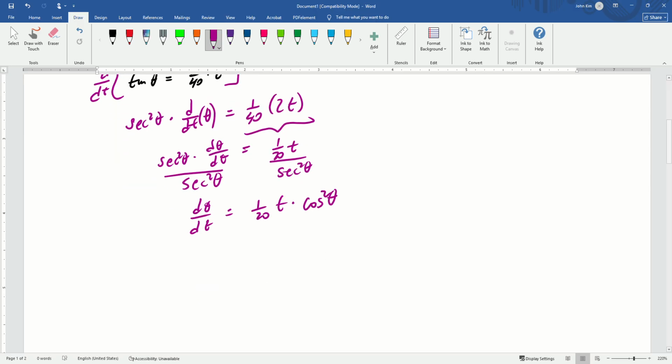So this is at t equals 10 seconds, right? Now we can plug in: d theta over dt is equal to 1 over 20 times 10. That's 1/2 right there, times cosine squared of theta.